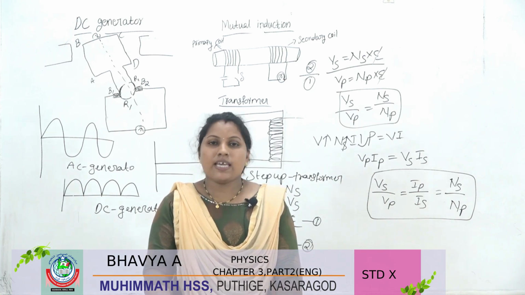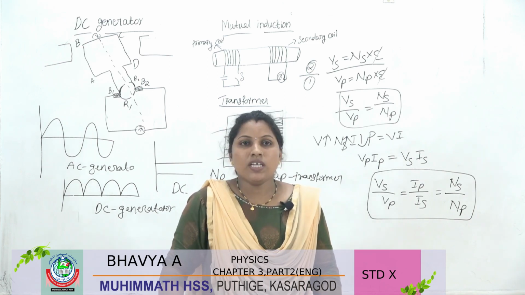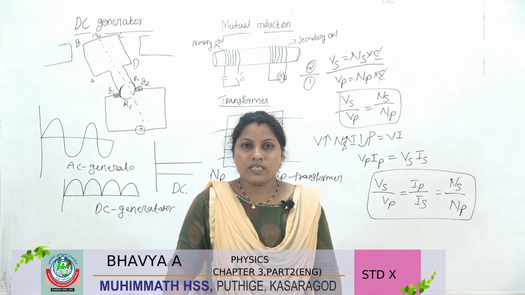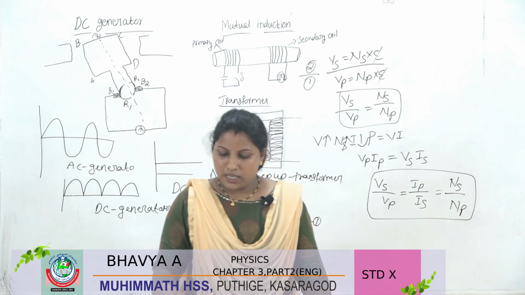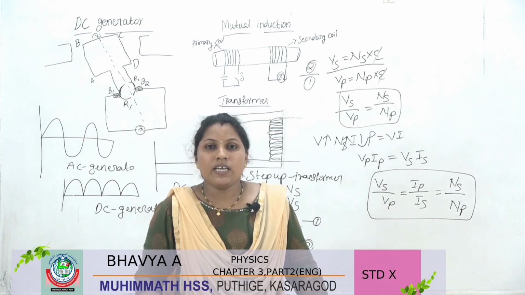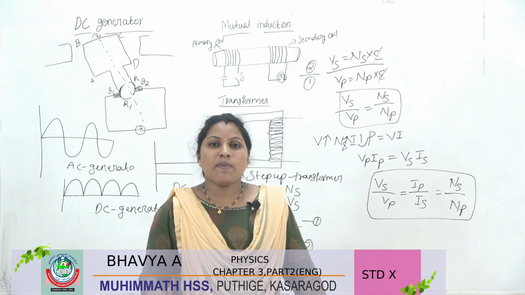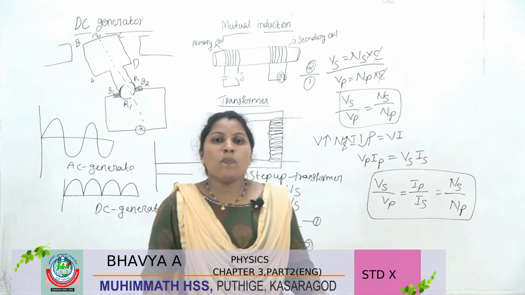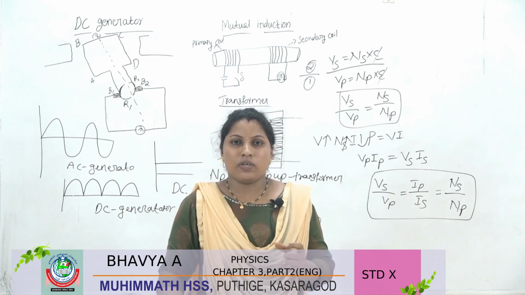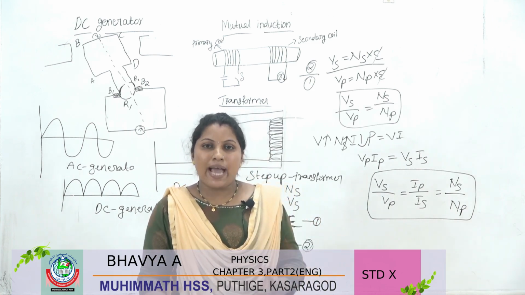When AC passes through a solenoid, a change in magnetic flux is produced in the solenoid. So an induced EMF is generated in that solenoid. That induced EMF is opposite to the applied current, so it is called a back EMF.